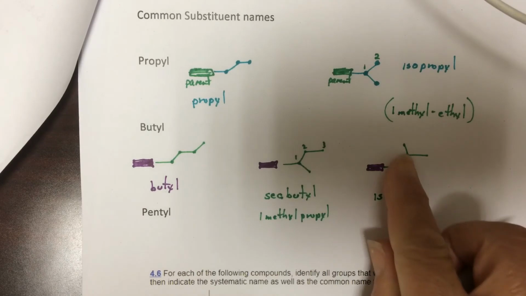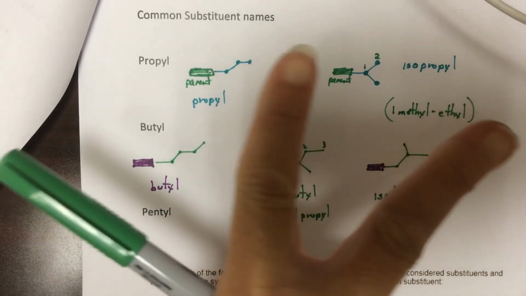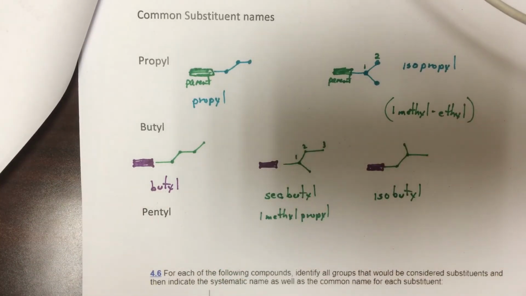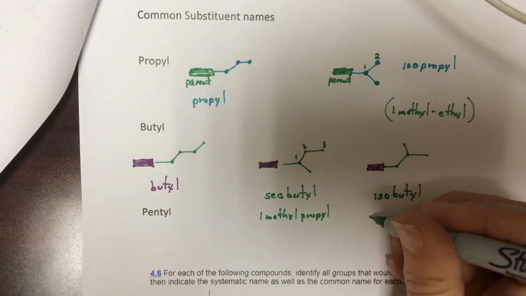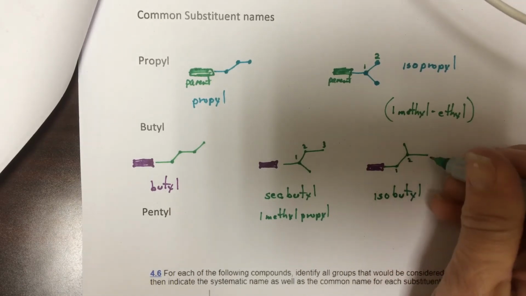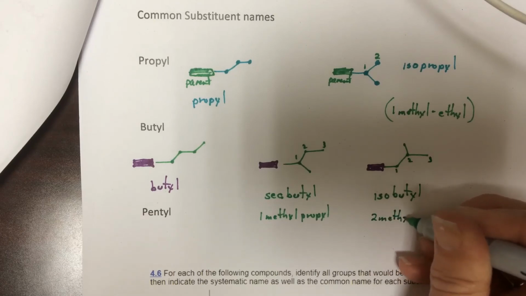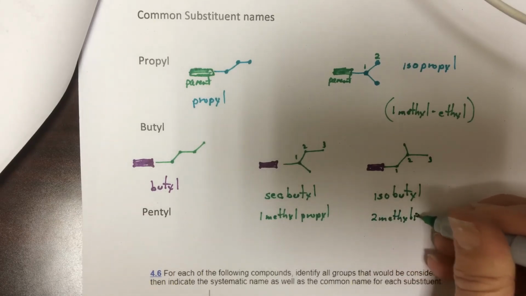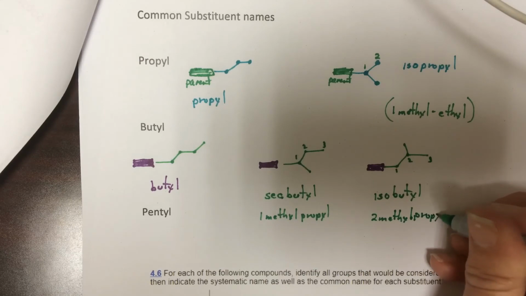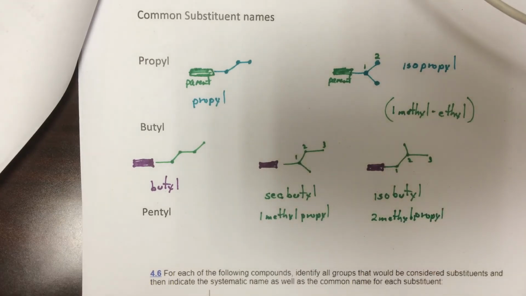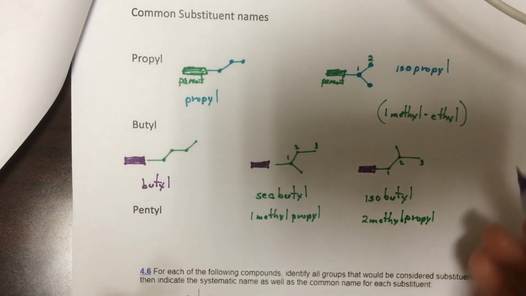You'll see iso whenever you see that little fork at the end, the isobutyl. And we'd number these 1, 2, 3. So this would be a 2-methylpropyl. The third one is the most famous and the one you will see the most.